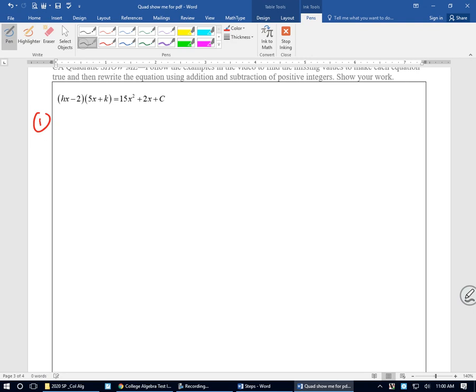Line 1, write the FOIL components. Line 2, 2 factors for each letter.